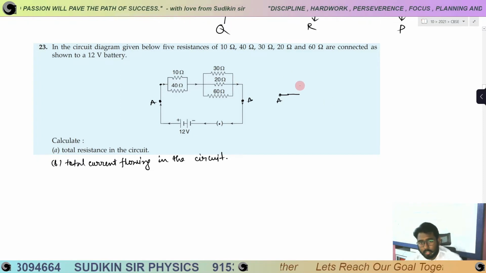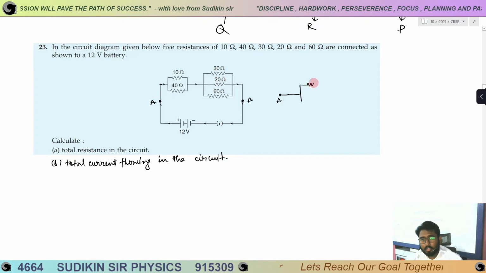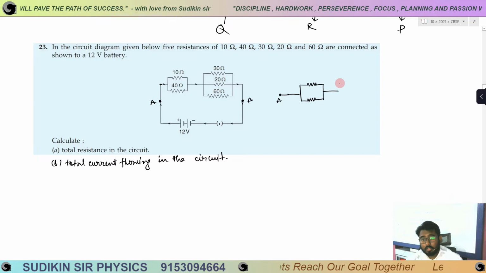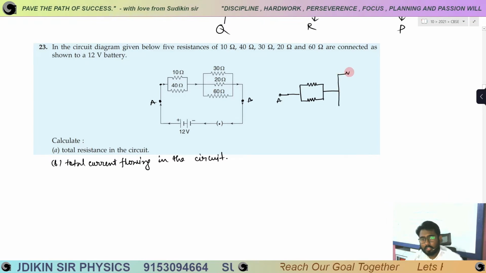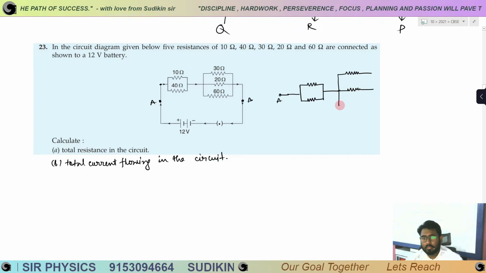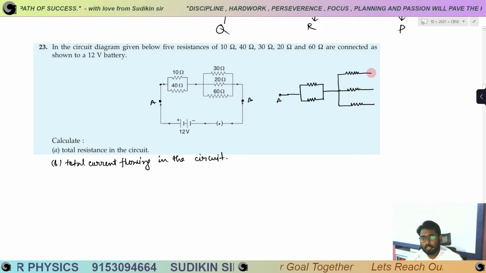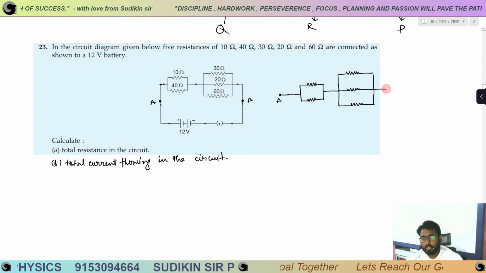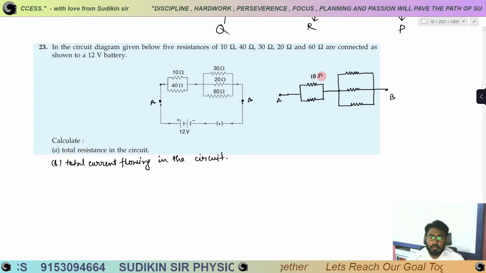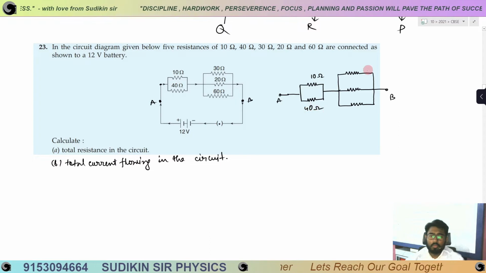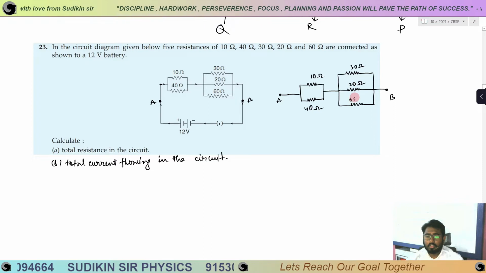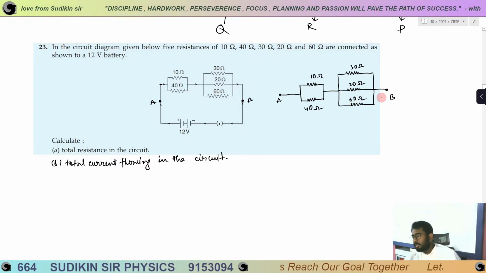So can I write it as, see, this one, and with that we have three resistances, this one, and this one, right? Can I write it in this way? So if this is 10 ohm, this is 40 ohm, this will be 30 ohm, 20 ohm, 60 ohm, right? Can I write it? Okay.